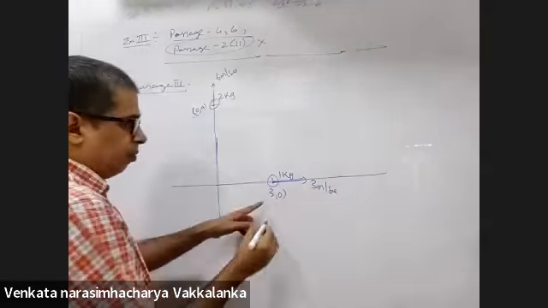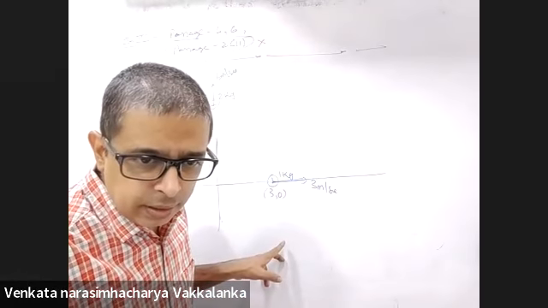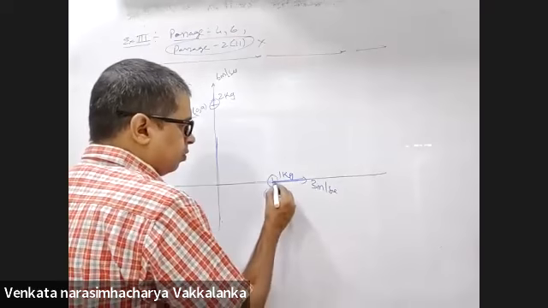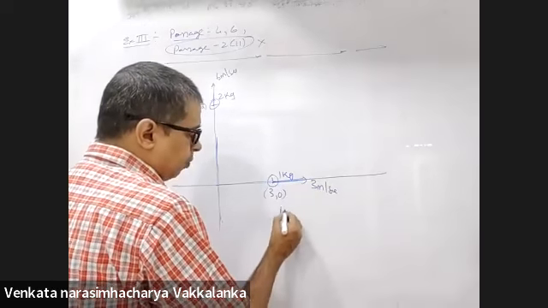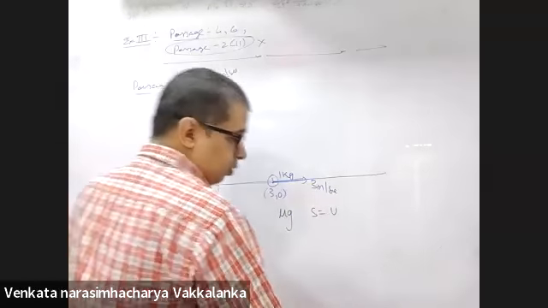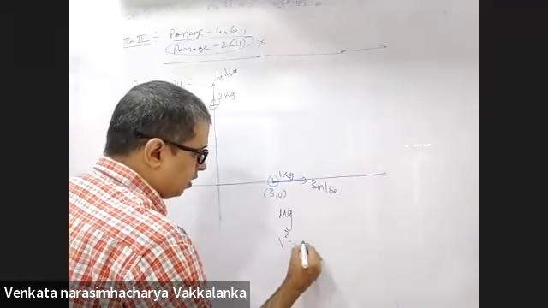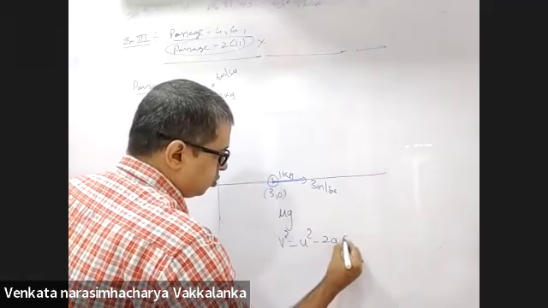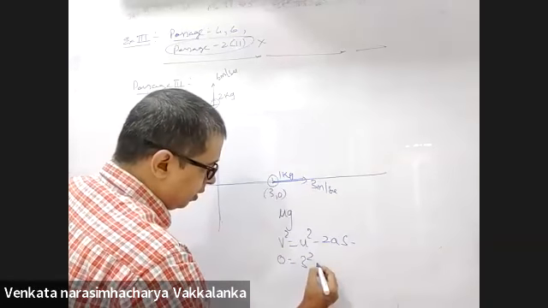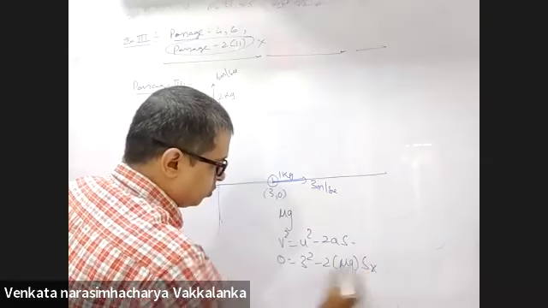Where will this stop? Mu कितना दिया हुआ है? 0.2. So mu g is the acceleration. v square is equal to u square minus 2as. Final velocity is 0. 3 square minus 2 into mu g into sx.